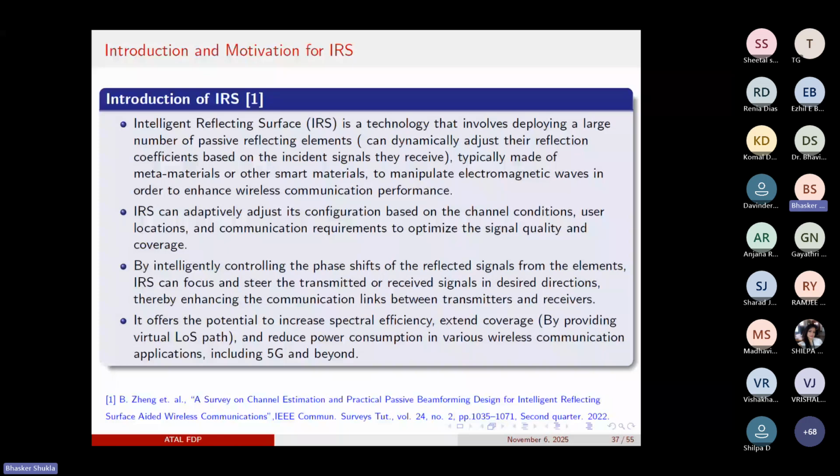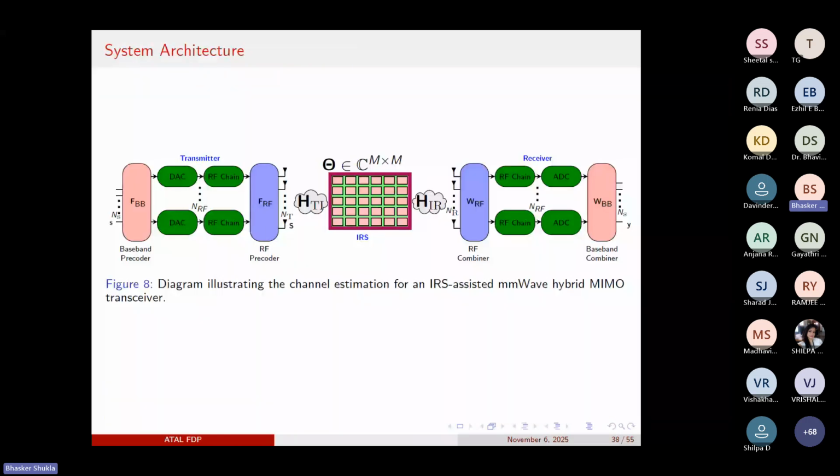Basically, what happens if the direct line of sight between transmitter and receiver is blocked, then we apply another means, known as an intelligent reflecting surface, to provide a virtual path between transmitter and receiver.